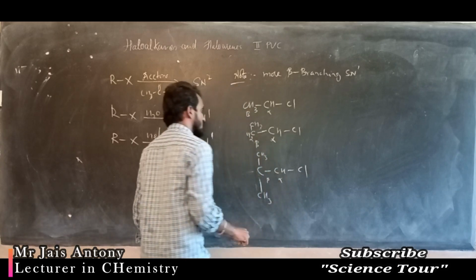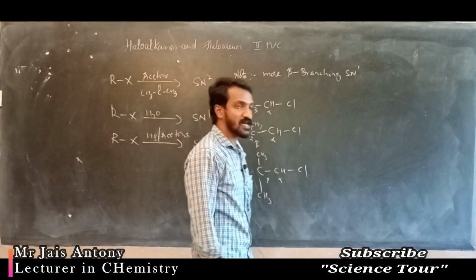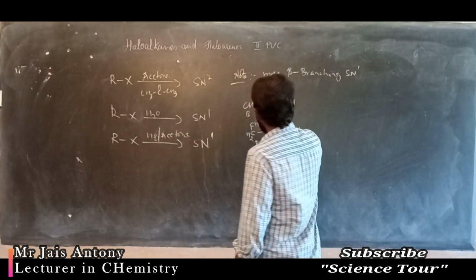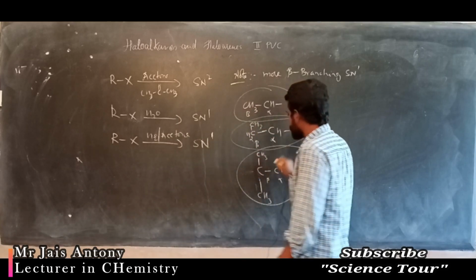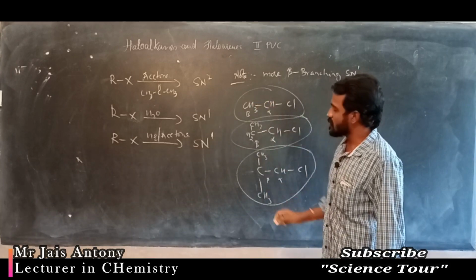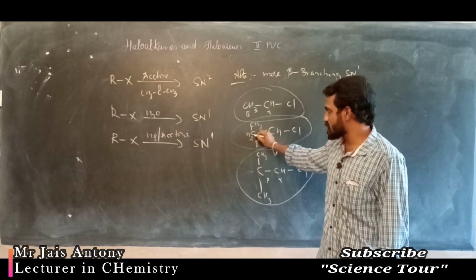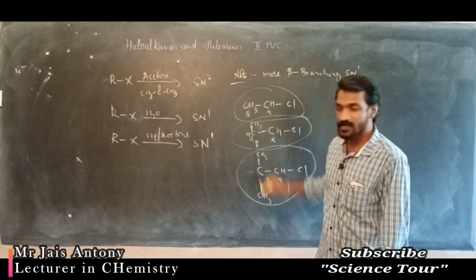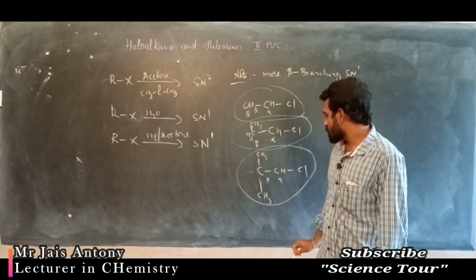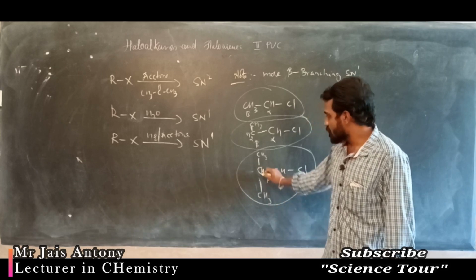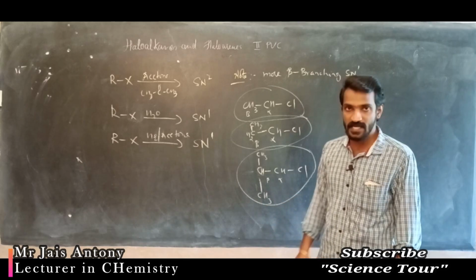In this you can see alpha, beta. Beta branching means more branches are on the beta carbon. This is the first case, this is the second case and the third case. Look at the beta carbon of each. Here, only one carbon is there. Here, the beta carbon has one branch, CH3. Here, the beta carbon has first, second, and one H. For this beta carbon, how many CH3 groups are attached? Two.